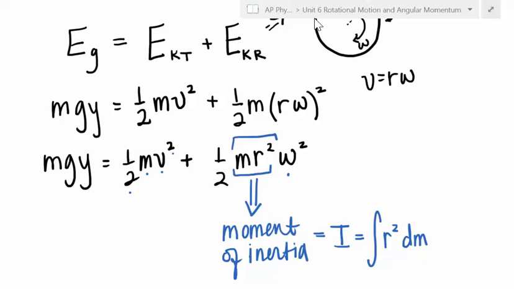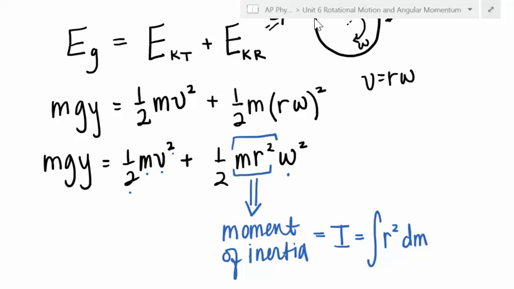Distribute the squared business, and you'll have mr squared and omega squared. And the v squared and the omega squared are analogous to each other. For every translational value we have studied all year long, there is a rotational analogy. So if you can have a linear velocity, you can have an angular velocity.